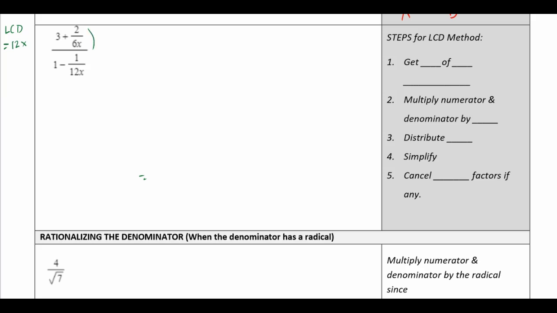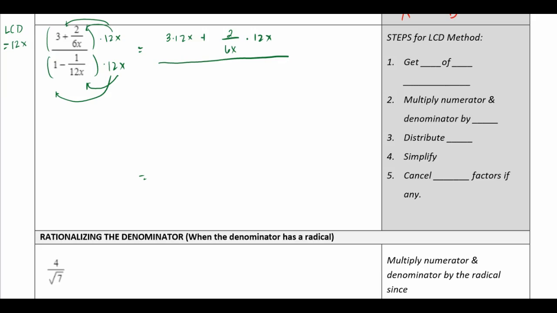So we multiply top and bottom by this LCD and distribute it. And this will give us 3 times 12x plus 2 over 6x times 12x, all over 12x minus 12x over 12x.